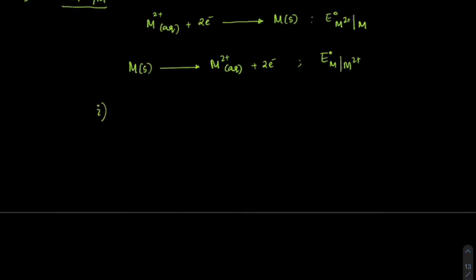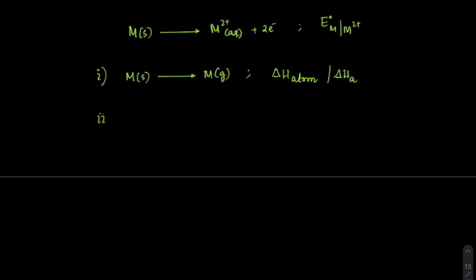Step 1: M solid has to be converted into M gas, because if I have to ionize, I always need a gaseous atom. The amount of energy required for doing that is called atomization, delta H atom or delta HA. In short, delta HA means atomization.